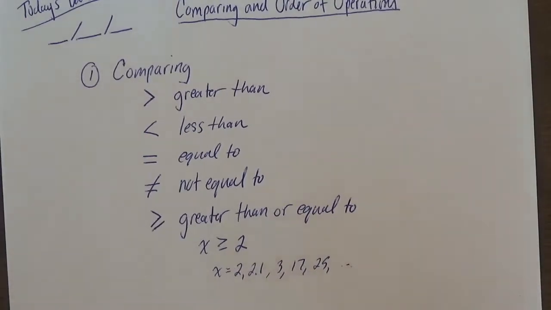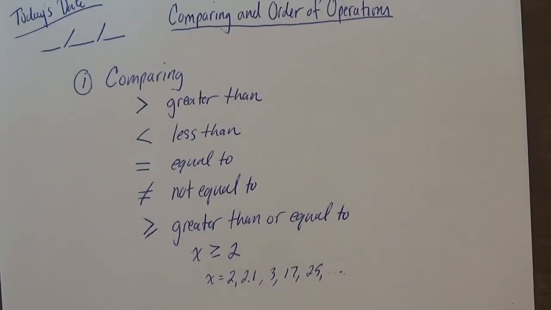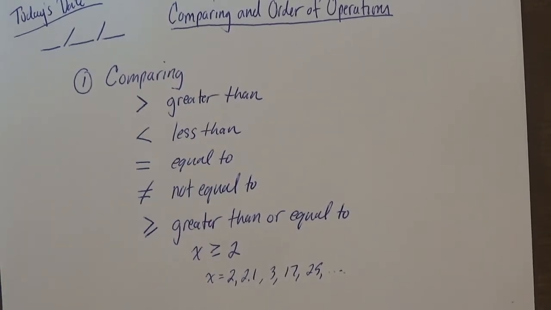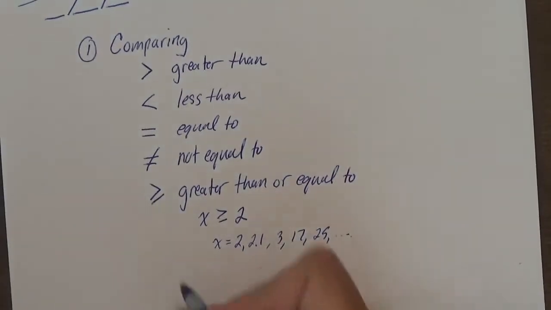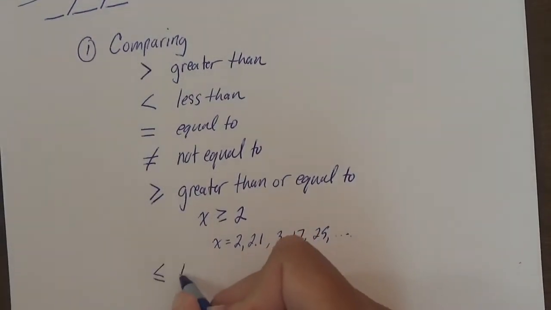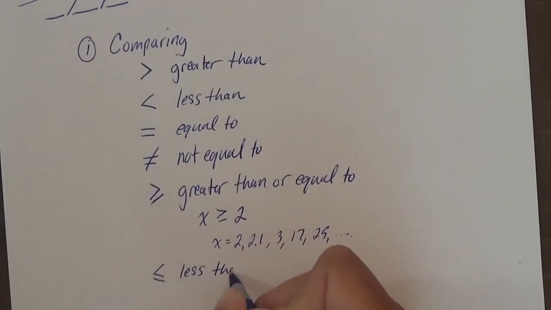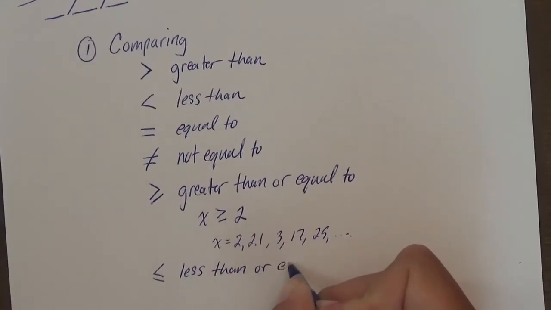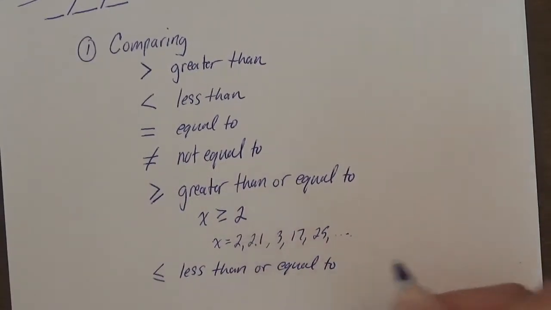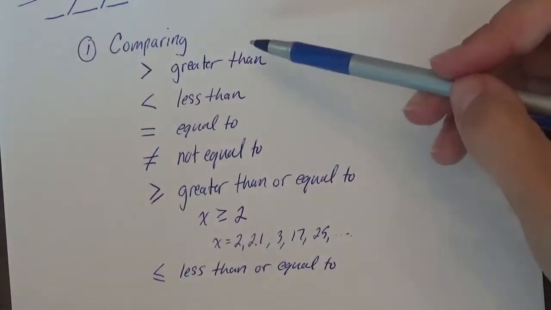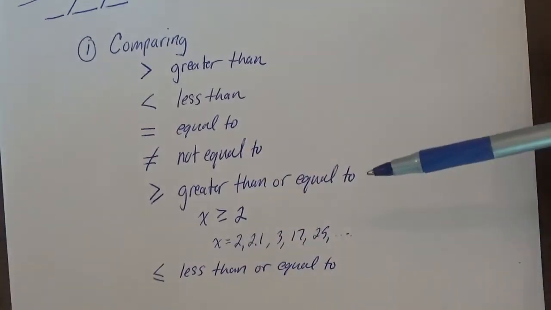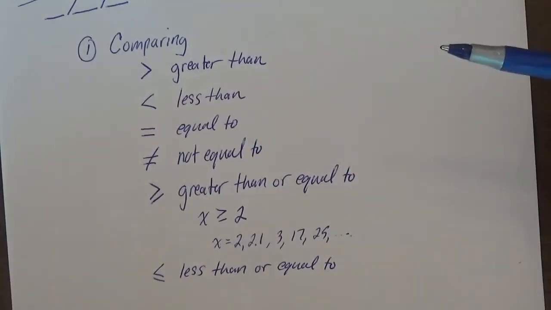So when you use one of these symbols, an inequality as they call them, you actually have a lot of options if you have a variable, okay? So then obviously we could flip it and we could have a less than or equal to. All right, so these are all the symbols I'm talking about when I say comparing numbers.